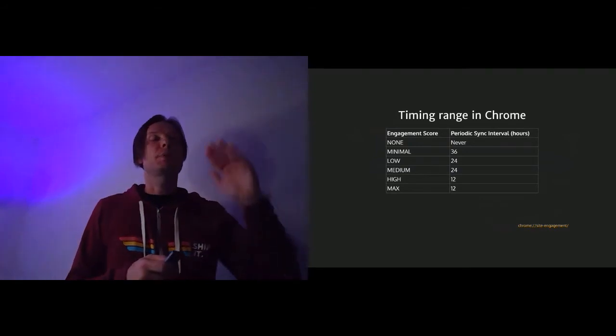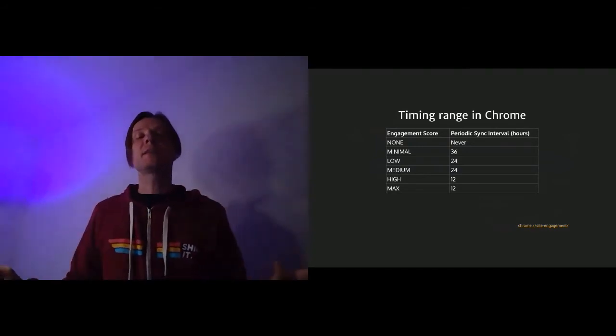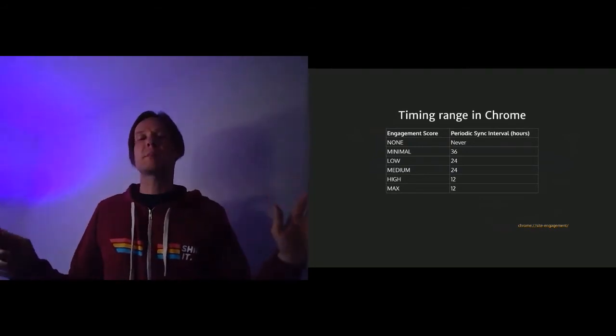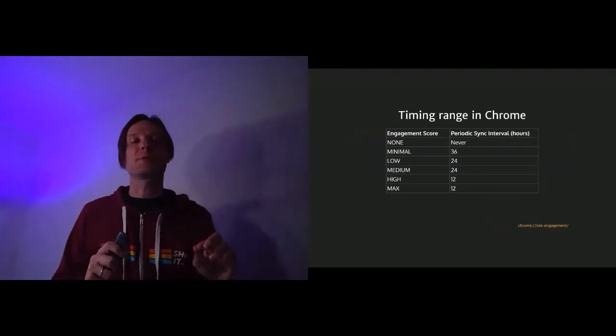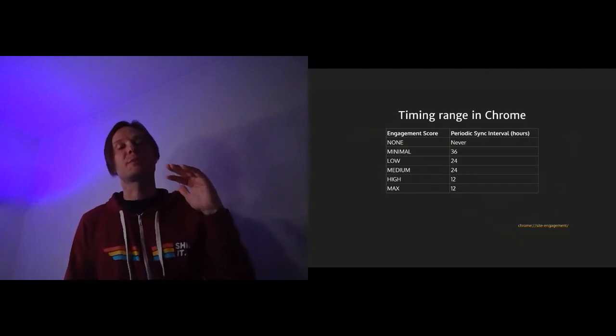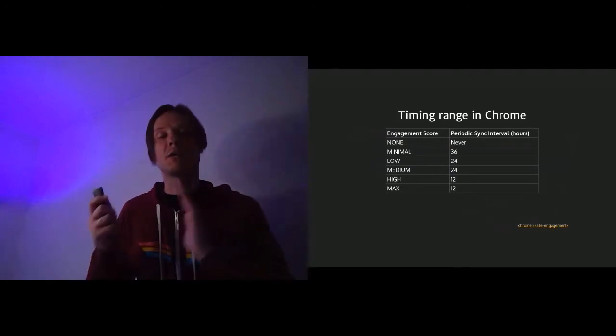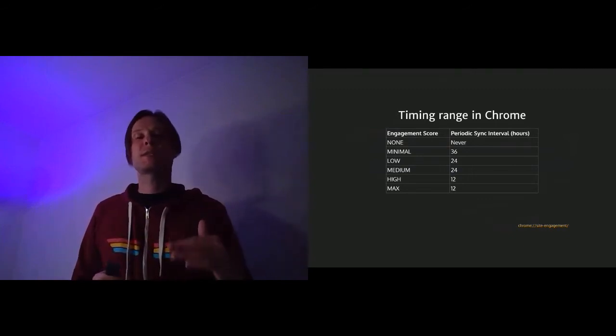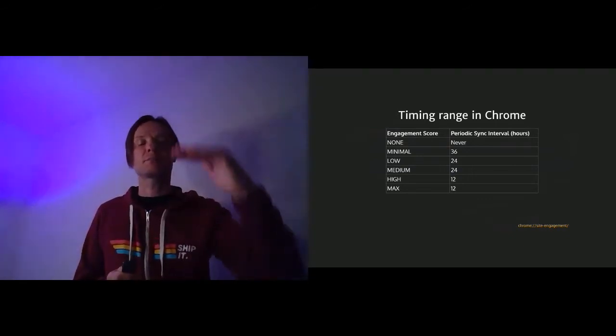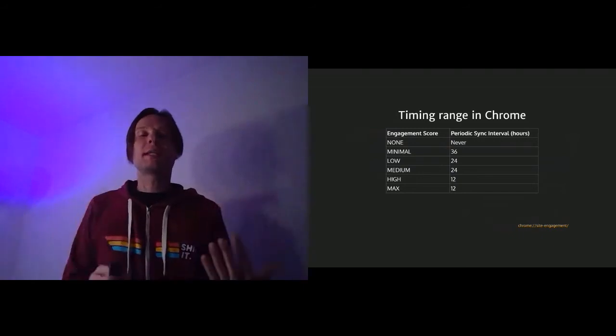So these periodic syncs are definitely not about real-time data. No reason to build your, I don't know, exchange ticker application thinking about PBS. No. By default, we have 36 hours, and then it's like a gradation. What does it depend on?